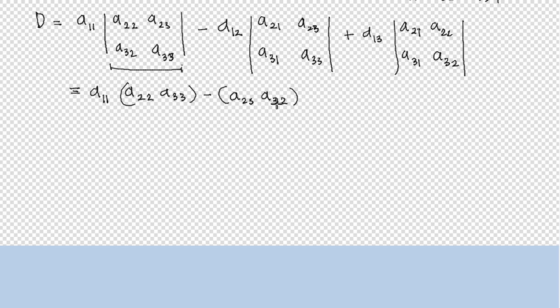Be careful that we have to multiply with A11, all of them, and the other term is just the same calculation as here.